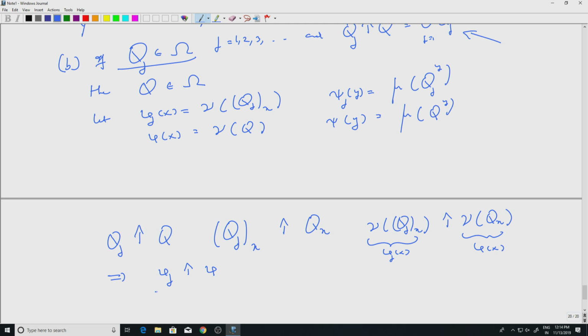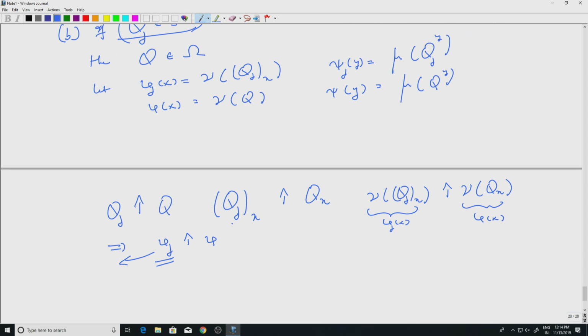But what do I know about phi j? They are coming from Qj's, but the Qj's are in omega, which means phi j are measurable. So, phi j are defined on x, and so they are script f measurable, and phi is a limit of measurable functions. So, this implies phi is script f measurable.